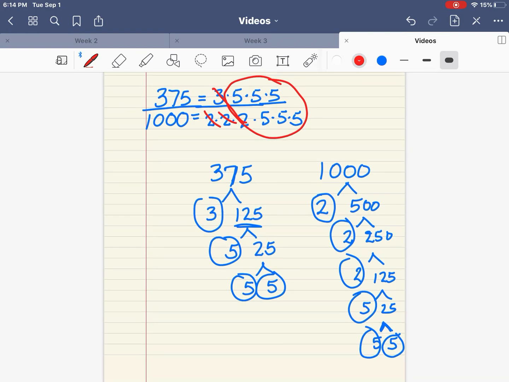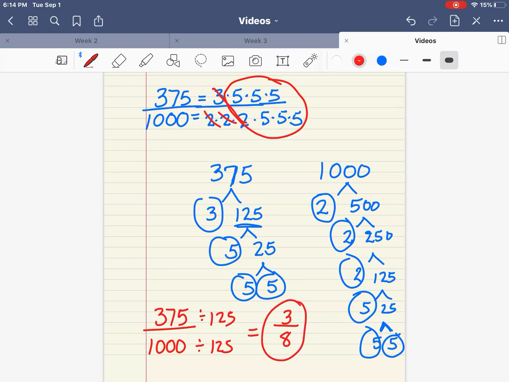So if I divide both 375 and 1,000 by 125, I'll get my simplest form. 375 divided by 125 is 3. 1,000 divided by 125 is 8. The simplest form of 375 thousandths is 3/8.